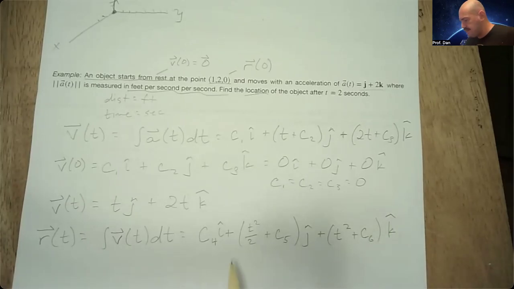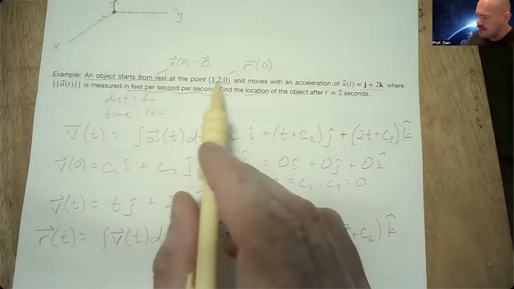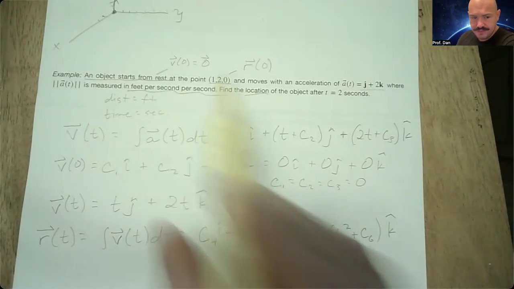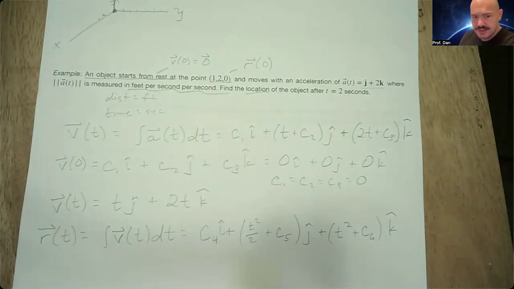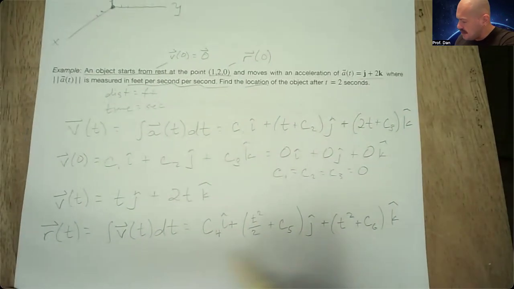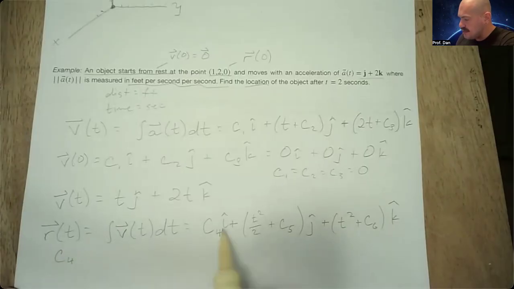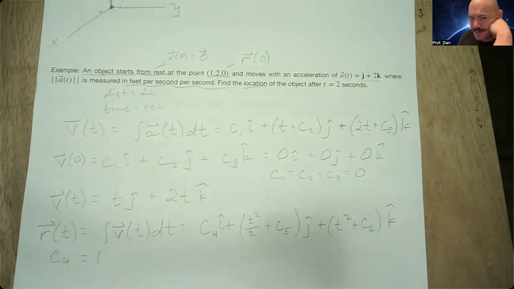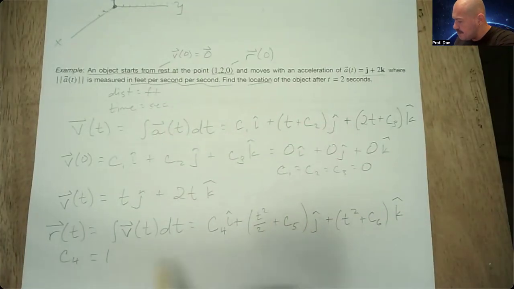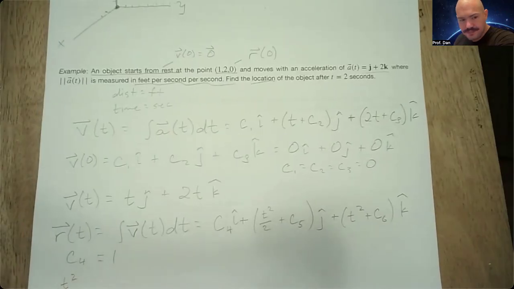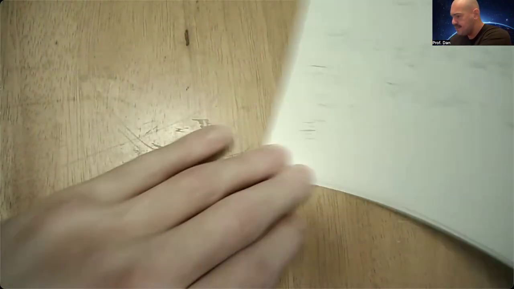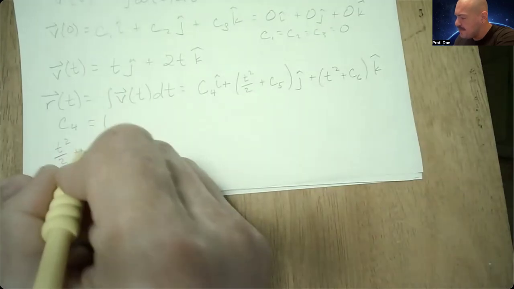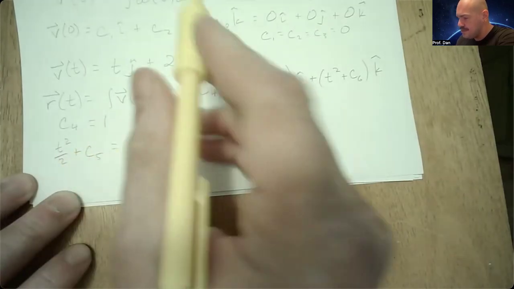So at this point, I can use the starting coordinate to figure out what these constants are. All right, so I know that C4 based on this has to be equal to 1 because the x coordinate of the starting point is 1. For the y coordinate, we know that t squared over 2 plus C5, this is our y coordinate, is equal to 2.